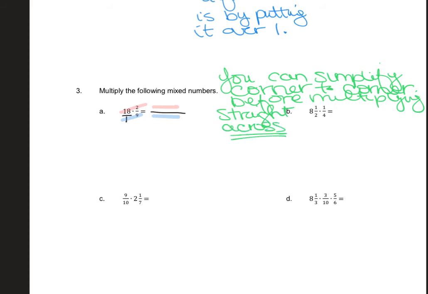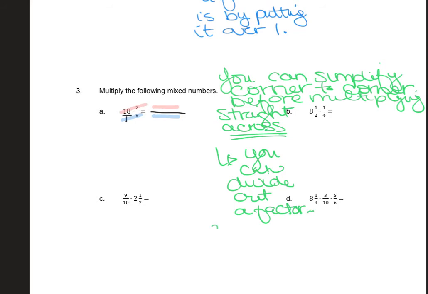Okay? And what I mean by that is you can divide out a factor. Any common factor. So here, if you look corner to corner, 18 and 9 have a common factor of 9.